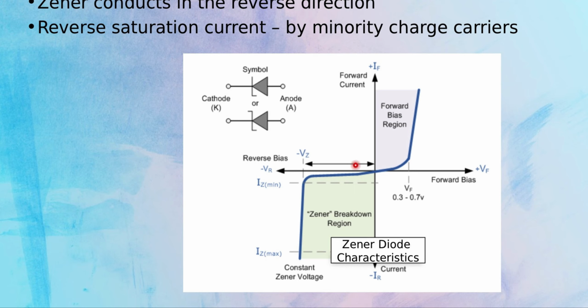Now, as we saw above, due to the increase in the depletion region, the current flows very hard initially until it reaches the breakdown point called the Zener voltage, above which even a semiconductor in the non-conduction region is able to conduct electricity significantly. This region is called the Zener breakdown region. Now this is the minimum Zener current, and similarly this is the maximum Zener current that a Zener diode can conduct.